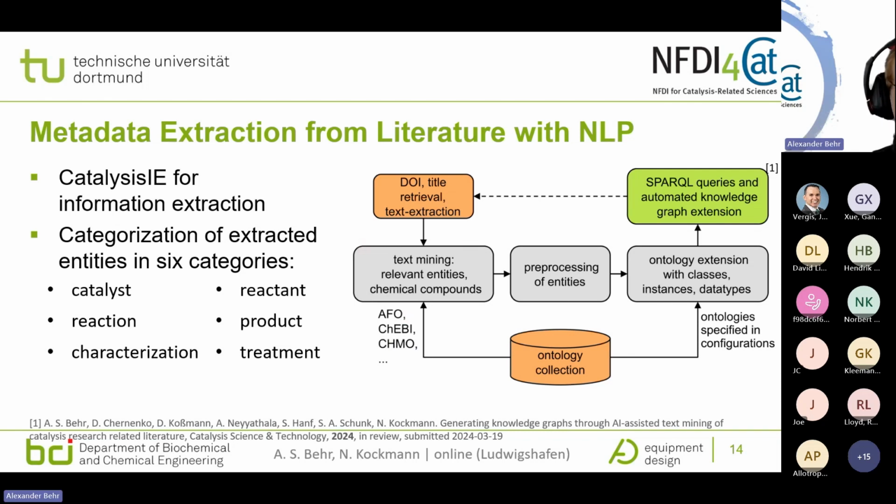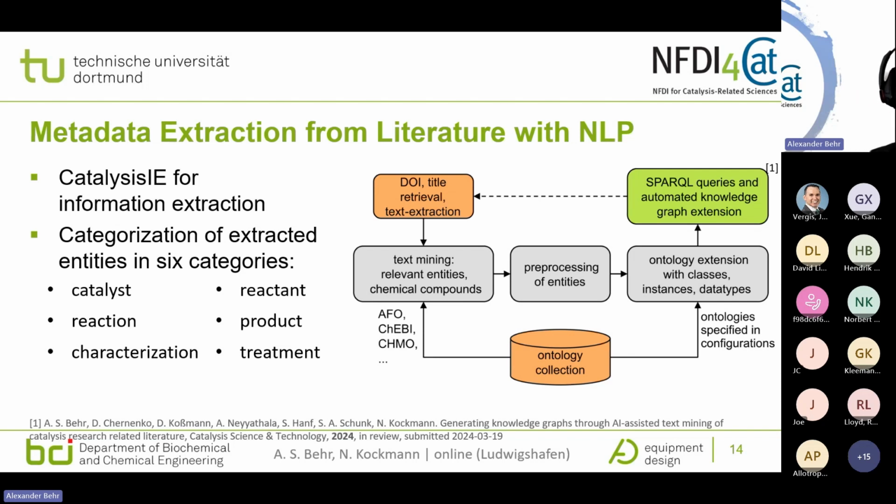And with the text mining, we got, as I said, the DOI, the title, and the text of the abstracts and pre-processed all this. And afterwards, we are able to extend our ontology with classes, instances, and data types based on the things that we found in the text.